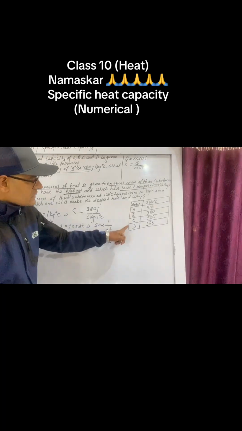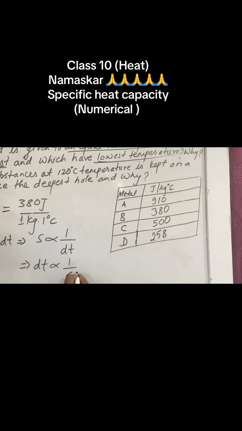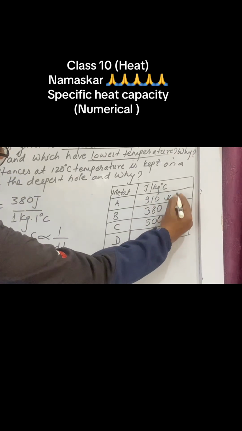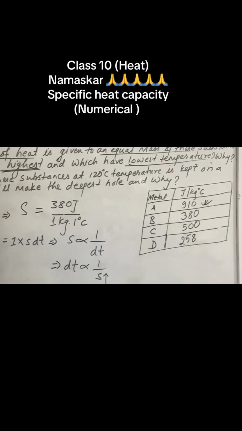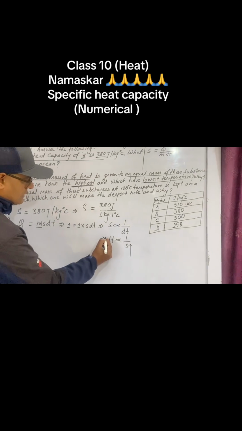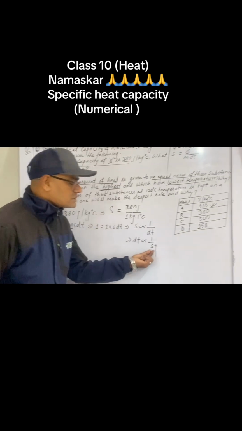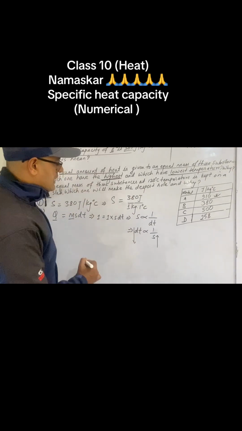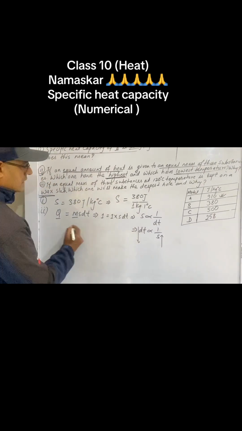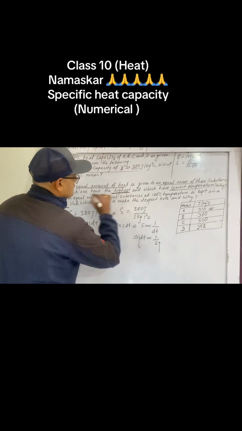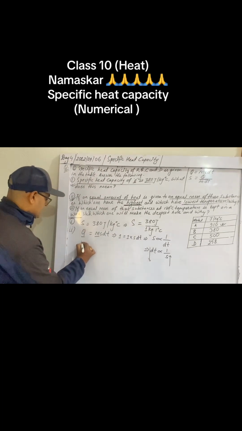Now look over here in the table: substance A has the highest specific heat capacity. Since the relation is inverse, if this factor is more, then this factor will be less. So by this equation we came to know which one will have the highest temperature.